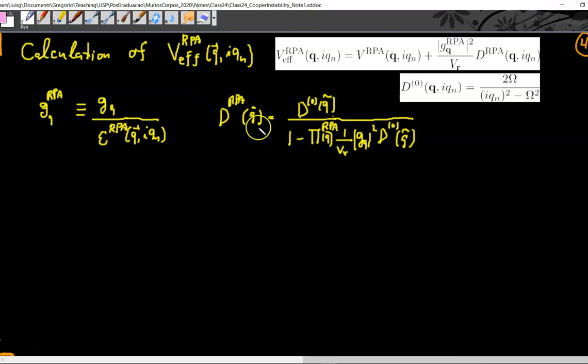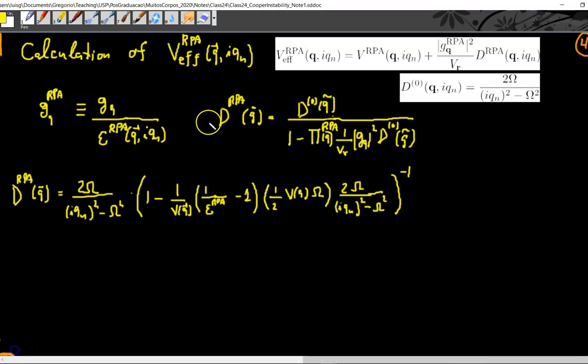We calculated the renormalized phonon line, D0 times 1 minus pi RPA, 1 over V, times GQ squared, D0 of Q. And this Q is already including both the momentum and the Matsubara frequency. And for the Gilliam model, we have these expressions. So let's now calculate this explicitly.